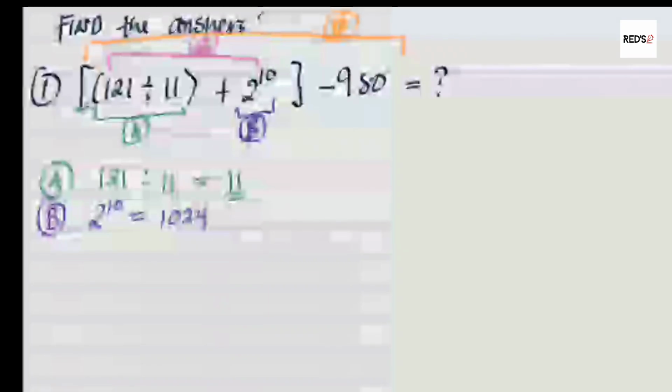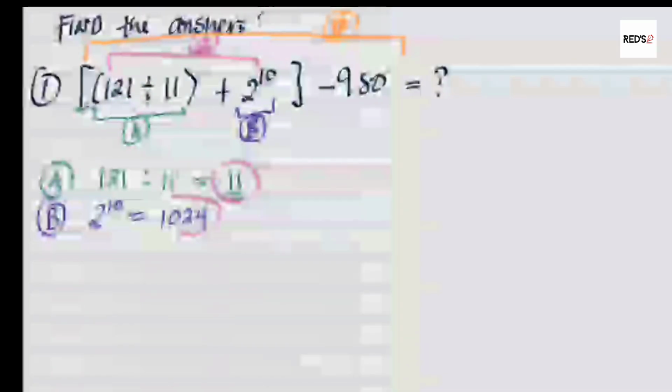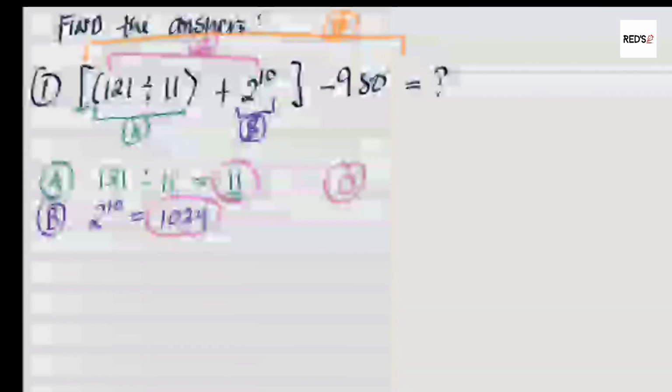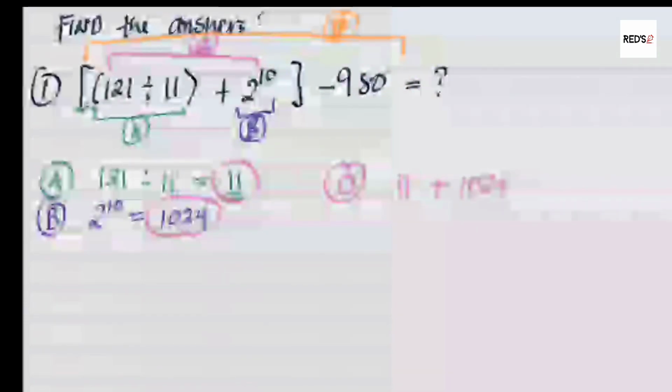Now the terms here, 11 and 1024 should be added for step C. That's 11 plus 1024. Your answer should be 1035.